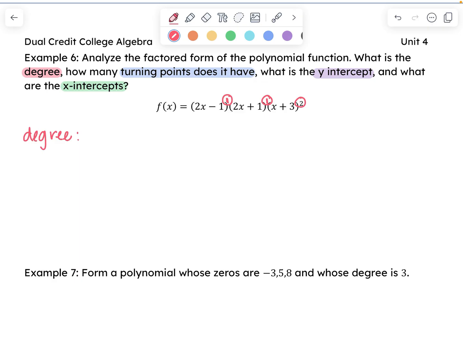So remember, if one's not written, it's an understood 1. So I would just do 1 plus 1 plus 2, and I would get that the degree is 4. So if we have a degree of 4, that means that our turning points would be at most 3.